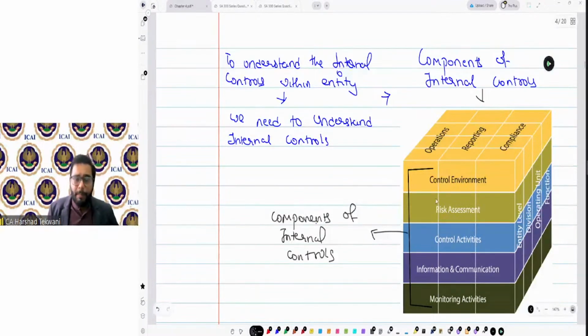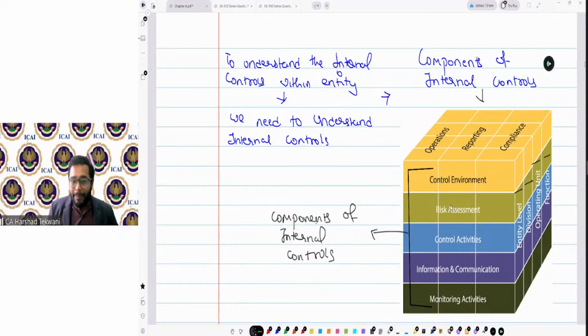Okay, that is one dimension. Usually we call COSO a three-dimensional tool, because on one dimension it provides you the components of internal control. On the other dimension, it provides you the level on which it is implemented, how deep these controls are implemented. The first, top level is the entity level. Then you come to the division, the operating units, the functions. So how deep it is.